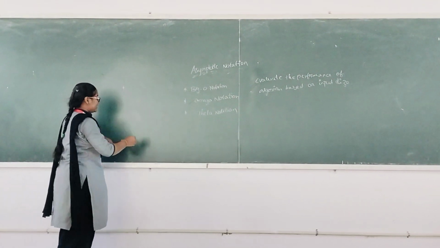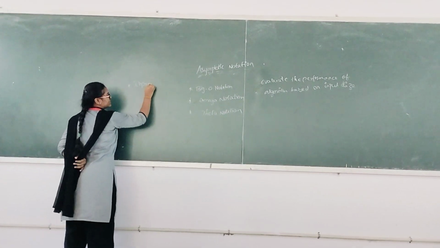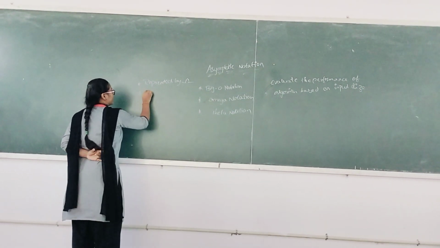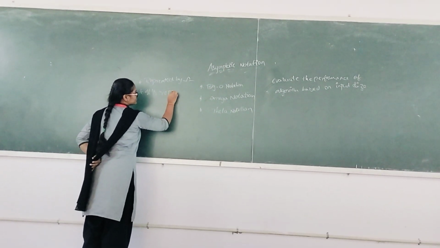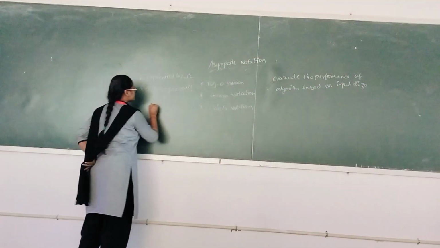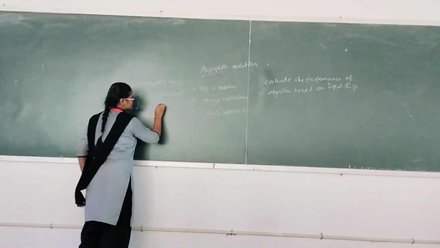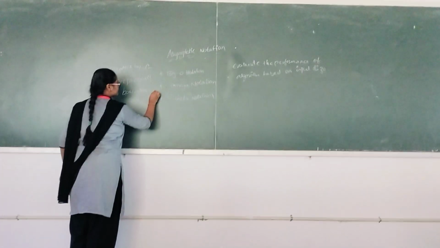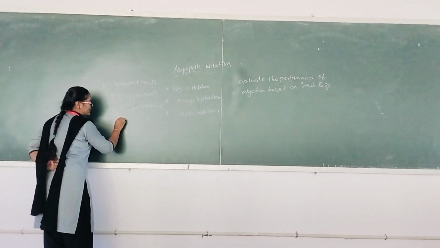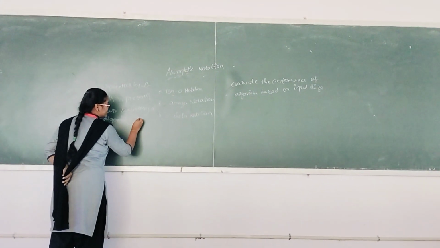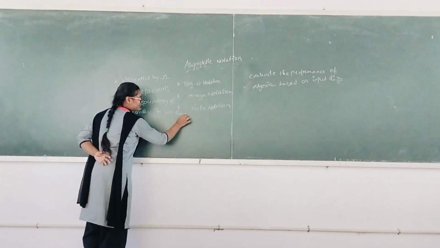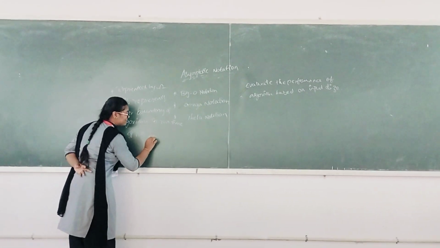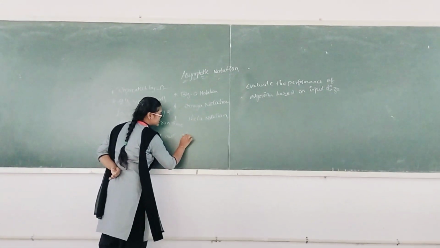Omega notation is represented by omega, and it represents the lower boundary of an algorithm in runtime, and it tells the best case of time complexity.